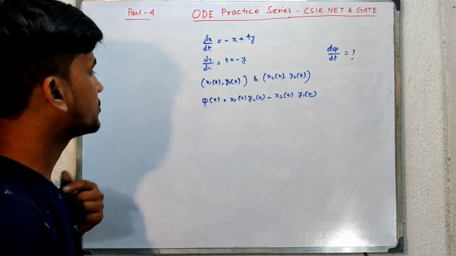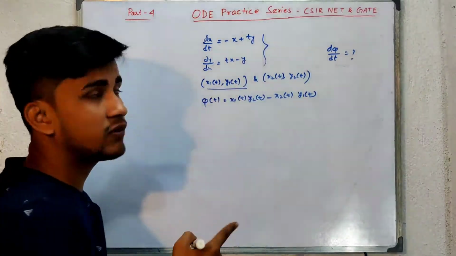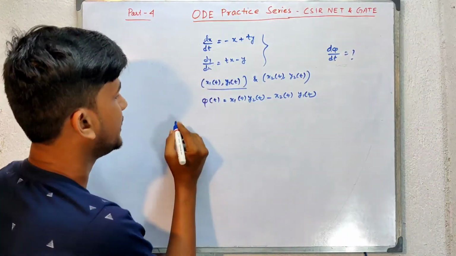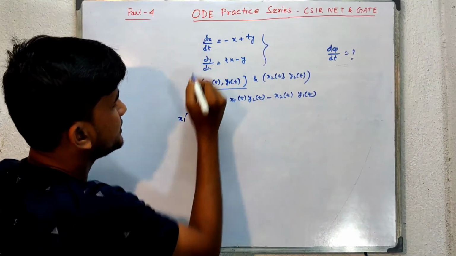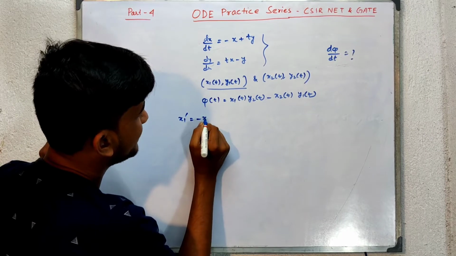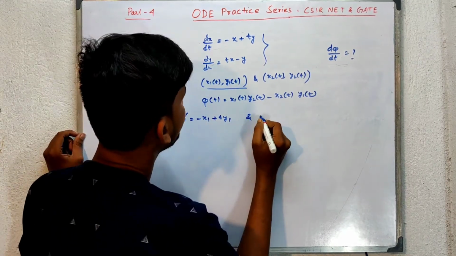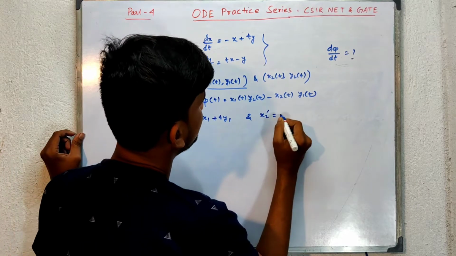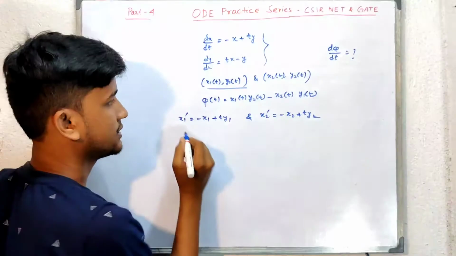So how can we solve this question? First, these two are solutions of these two equations, so they satisfy the equations. That means x1 dash is equal to minus x1 plus t y1, and x2 dash is equal to minus x2 plus t y2.